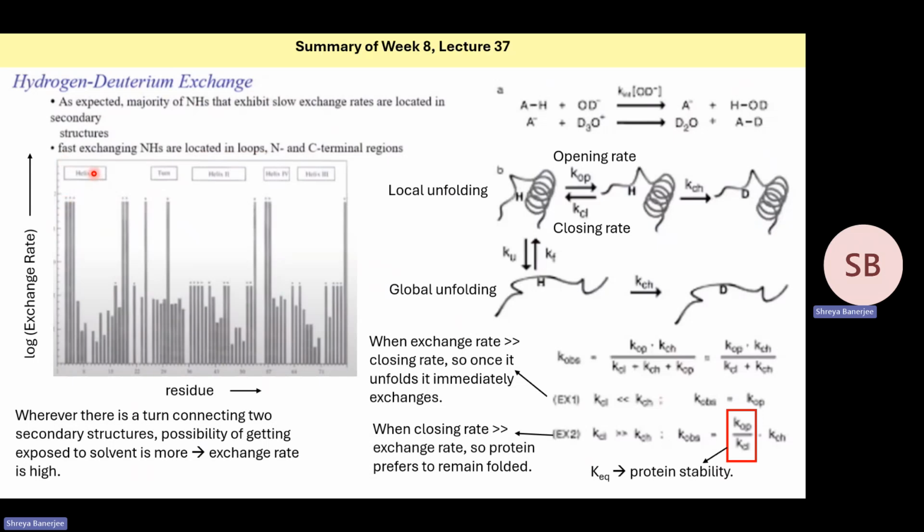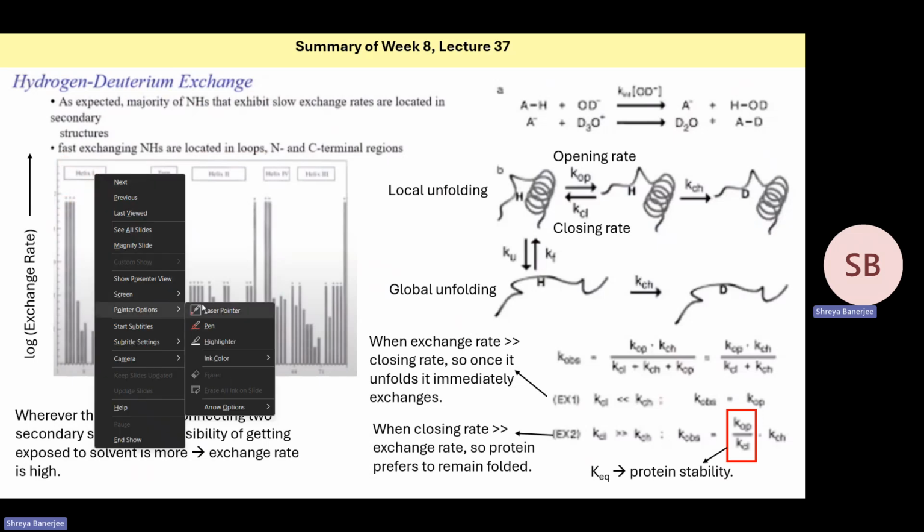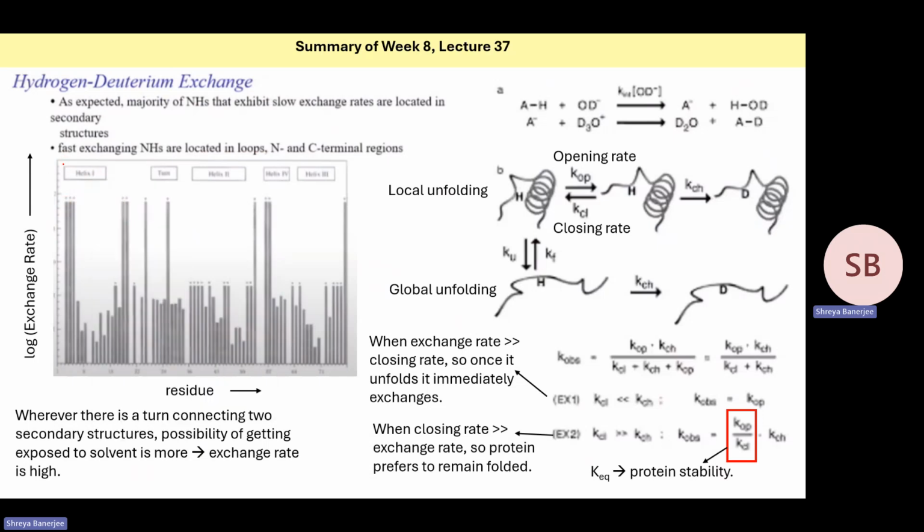One thing you can see is that wherever the secondary structure is there, basically here to here, the exchange rates are low. So secondary structure is there, exchange rate is low. Why?